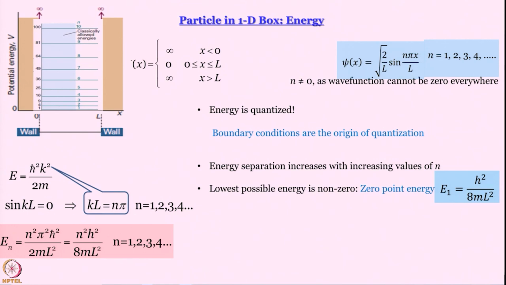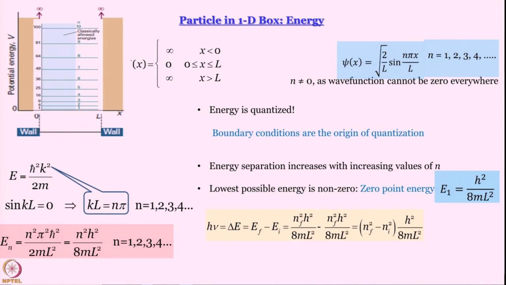Lowest possible energy is non-zero, we talked about that. N cannot be equal to 0. So, this energy which has n square in the numerator also cannot be 0. So, that means the particle is always in motion, it has to move this way or that way. So, some minimum, what is called zero point energy, is there, and that zero point energy for a particle in a box is h square by 8 ml square.